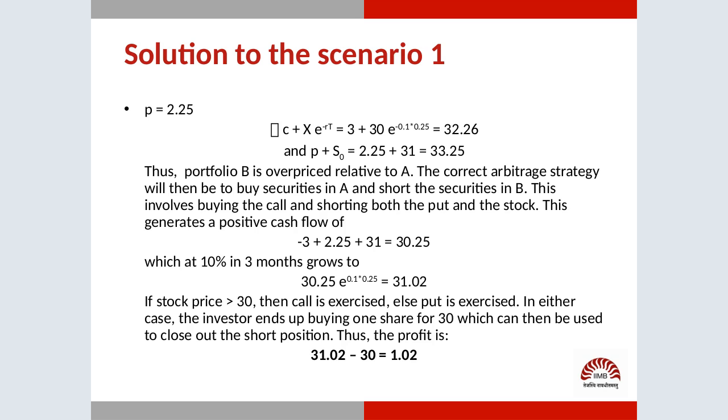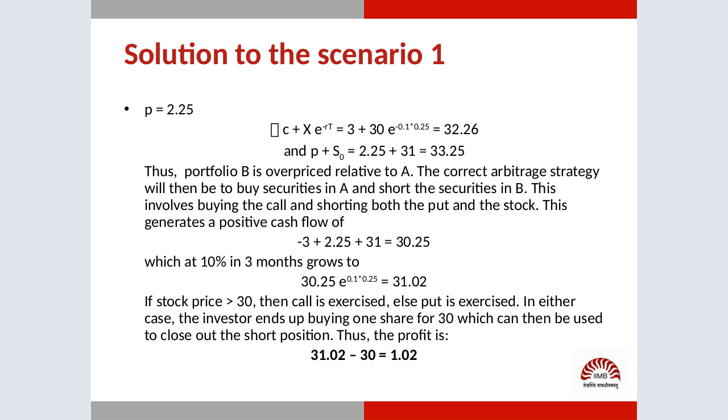With the asset that I have now got, I will close out the short position that I had created earlier on the other side of the portfolio. The put expires worthless. When the price is less than 30, the call expires worthless. But remember, I have sold the put, which means somebody will have the right to come and sell the asset to me at a price of 30 when the market price is less than 30.